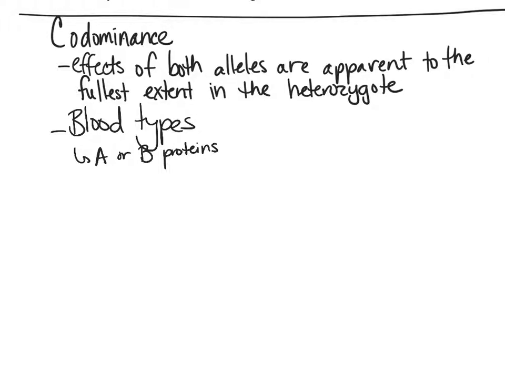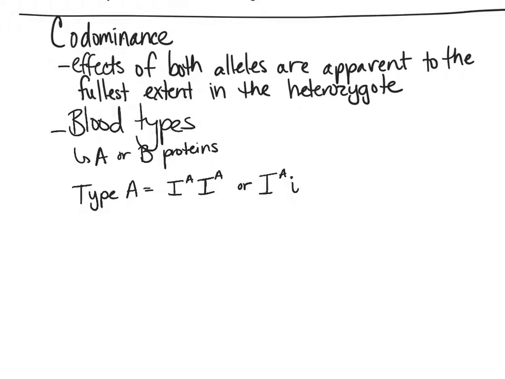We can have type A, which means a person can be AA, and the way blood type is written is with these I's, with the characteristic up there. Or it can be A with the heterozygote, which is written as a lowercase i in this case.